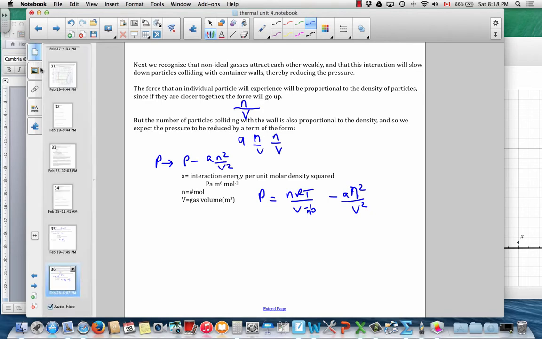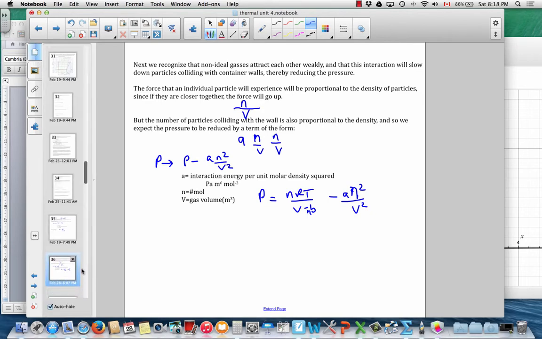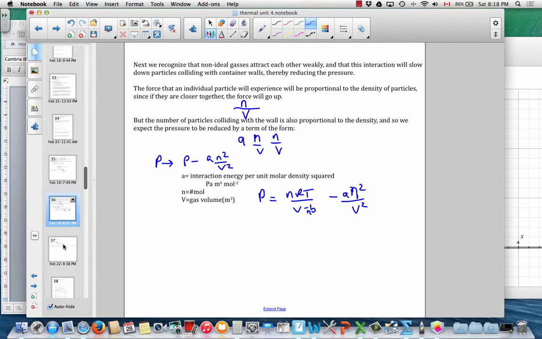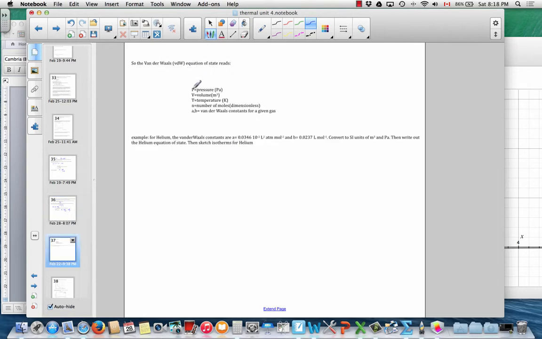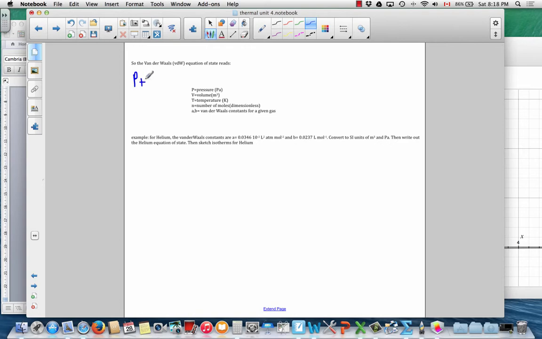And in so doing, I'm going to arrive at the van der Waals equation, which has this form. So it is (P + n squared a over V squared). So that's actually a pressure reduction term due to the interaction. (V - nb), that's saying there's less volume available due to the finite size of the molecules, equals nRT.